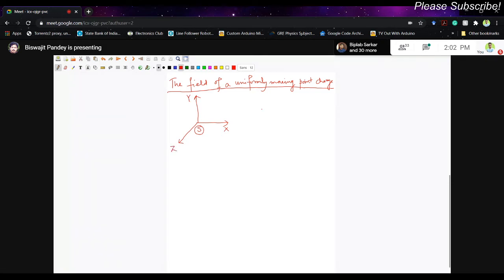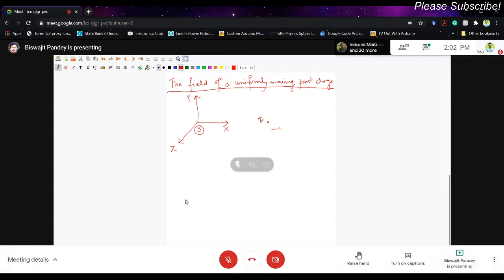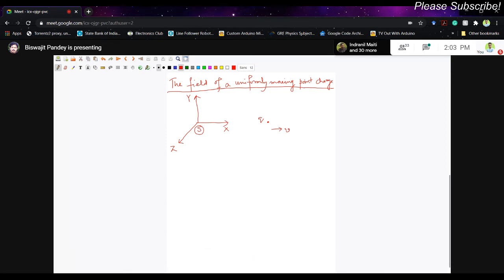Okay, imagine a test charge, a point charge, which is moving with velocity say v along the x-axis. And you see, we want to calculate the electric field and magnetic field due to this moving point charge, not the static one. Because if you consider a static charge, that is trivial, right? Then you just apply Coulomb's law to get the electric field, and there is no magnetic field.